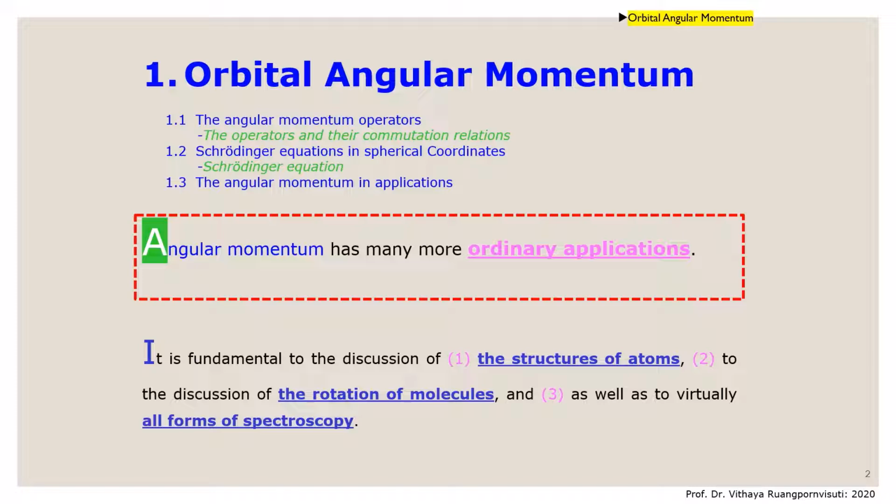The Schrödinger equation will be mentioned to describe the angular momentum in terms of orbital angular momentum and spin angular momentum.